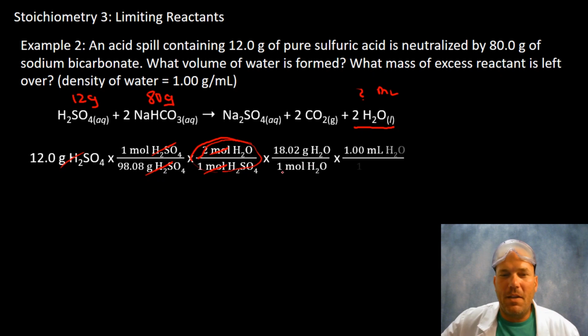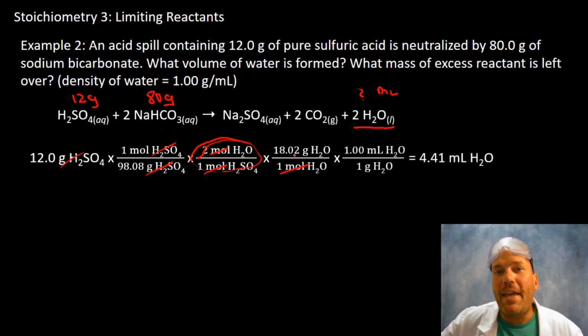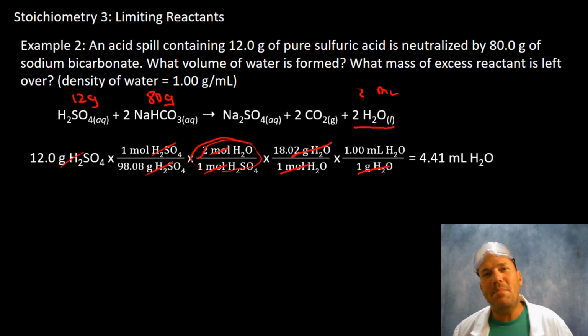And then in 1 mole of water, there's 18.02 grams of water, and for every 1 milliliter of water, there's 1 gram of water. All right, and we've already explored that in lab as well. So the answer here with 3 significant figures is that we're going to form 4.41 milliliters of water.